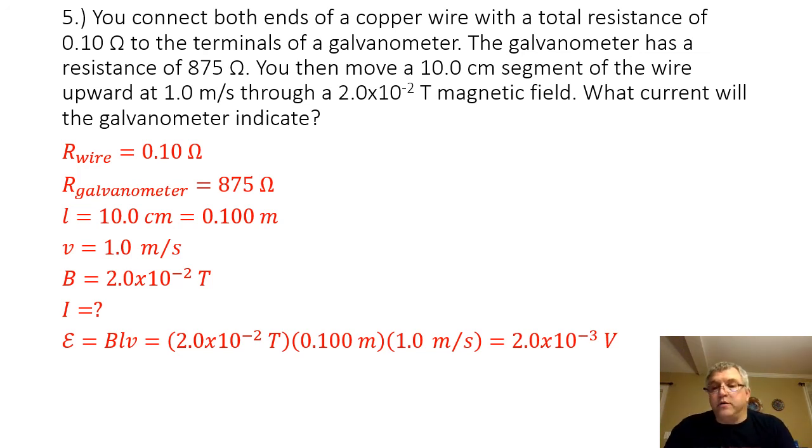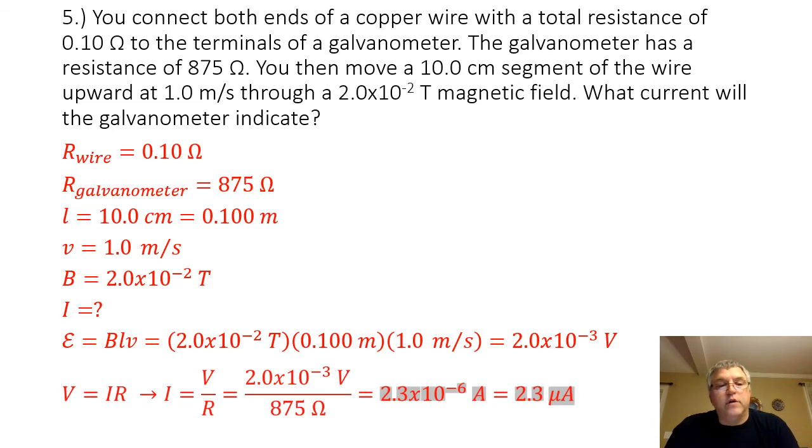And remember, I told you in the beginning of the video that we can interpret the induced EMF and the voltage as the same thing. So I can use Ohm's law to find the current, substituting my induced EMF for the voltage in Ohm's law. When I solve Ohm's law for current, I have the current is equal to the voltage divided by the resistance. So I know that it's going to be 2.0 times 10 to the minus third volts.